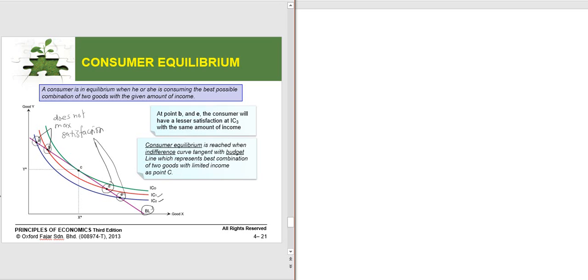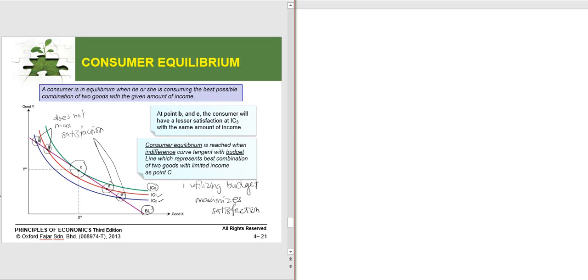The point that is considered consumer equilibrium is point C, because point C is on the budget line, meaning the consumption is within the budget, and it touches the highest indifference curve, which is the green one. It utilizes the budget fully, and it maximizes the consumer's satisfaction.